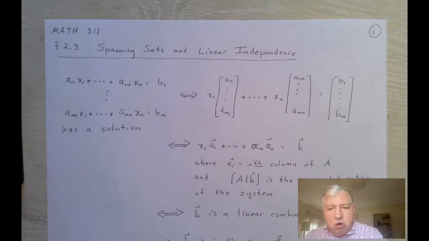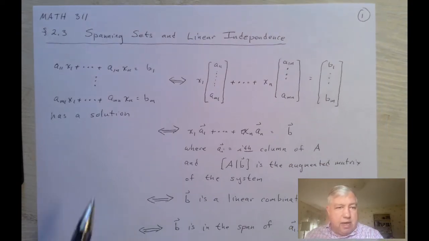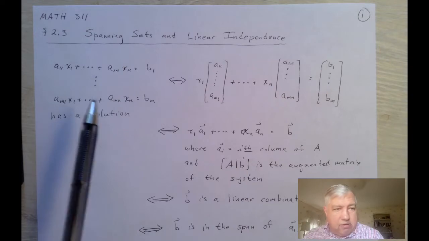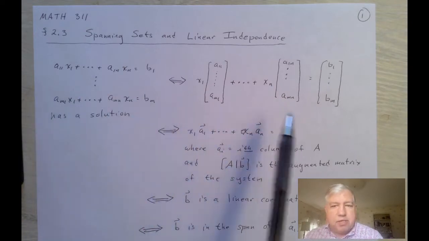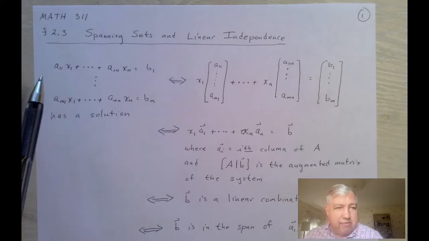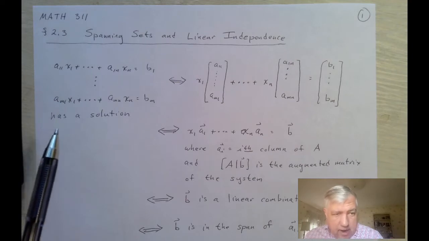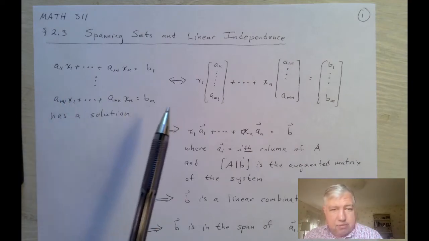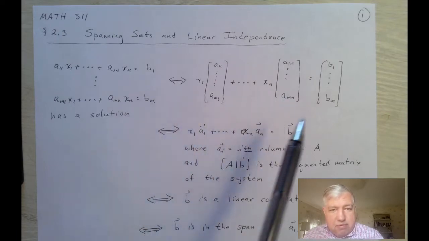I think the most important thing you can get from this lecture is right here at the beginning: any system of linear equations actually corresponds to a linear combination of vectors. Here we have m equations and n unknowns, and assuming this has a solution, that means there are real numbers x1, x2 through xn such that this is true.